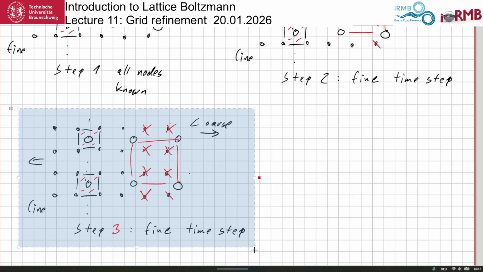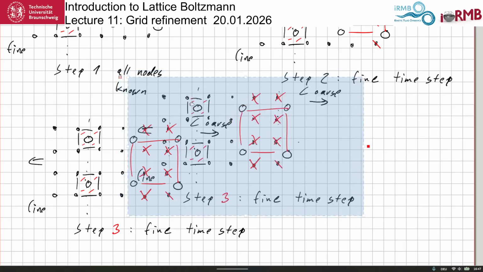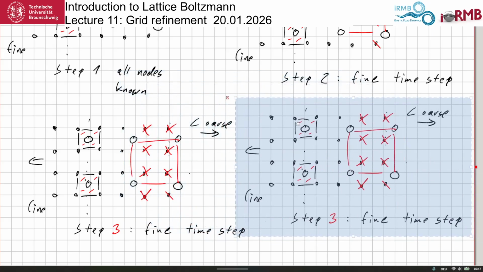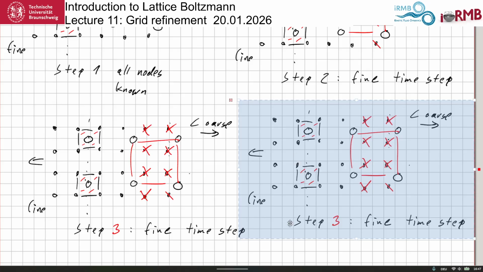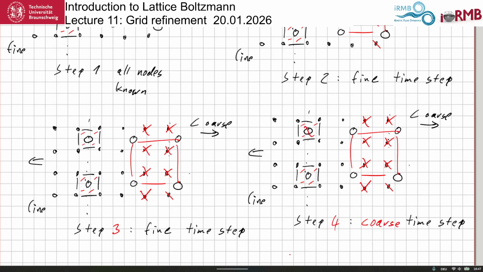So take this again and say now this is step number 4, and now we do a coarse time step, and in the coarse time step these guys here will disappear.